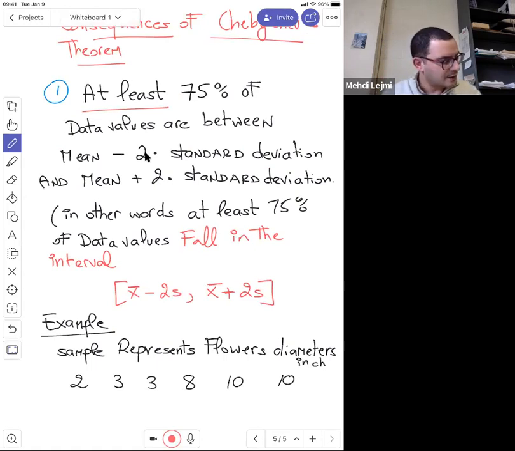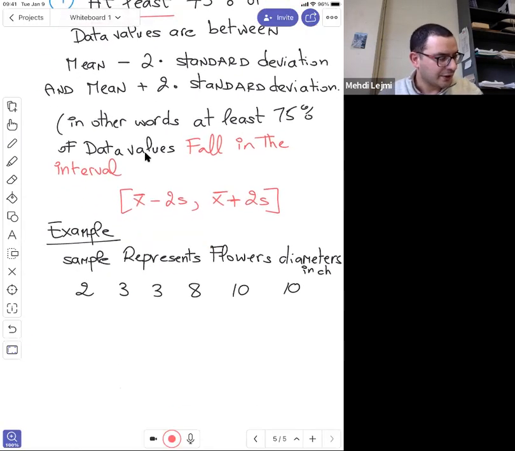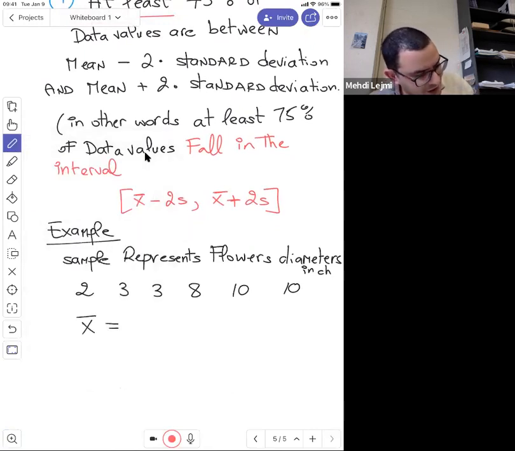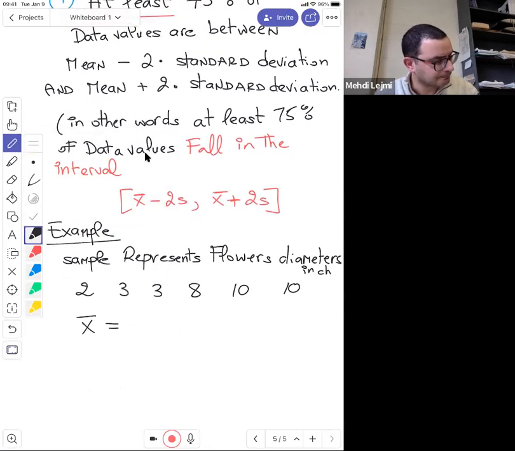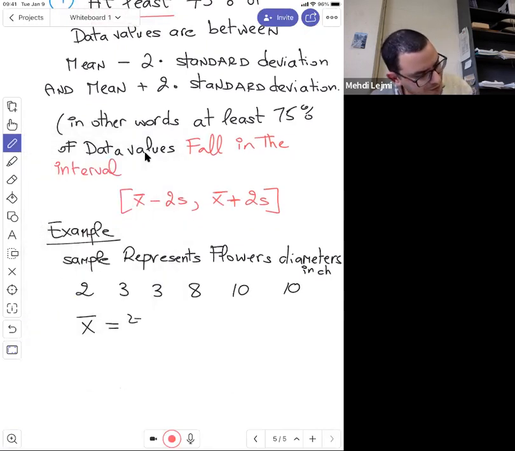So what I'm saying is, we computed X bar, the mean. We said X bar is 6 inches. We know how to compute the mean: X bar is 2 plus 3 plus 3 plus 8 plus 10 plus 10 over, we have 6 flowers, so over 6.